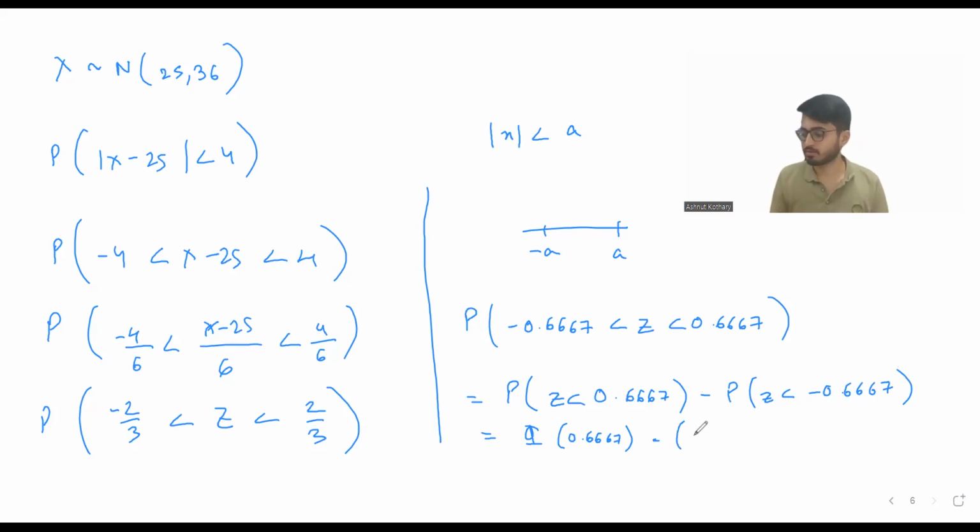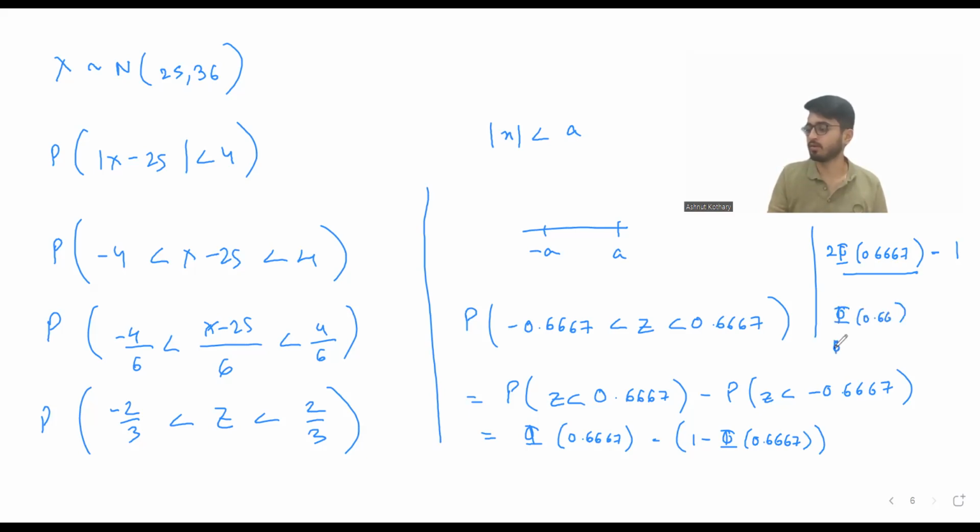So this will be minus of 1 minus phi of 0.6667. And this will simplify to give 2 phi of 0.6667 minus 1. Now, how do you go about calculating this value? You will have the value of phi at 0.66. You will have the value of phi at 0.67. You need to interpolate between these two.